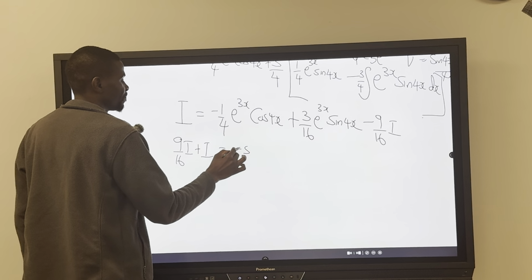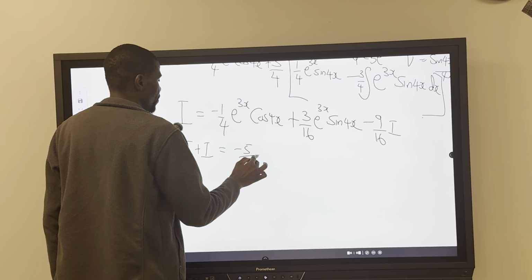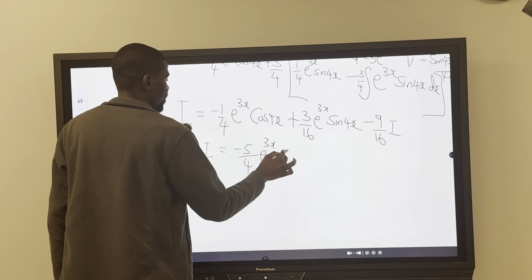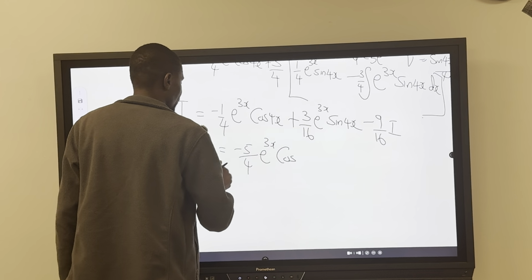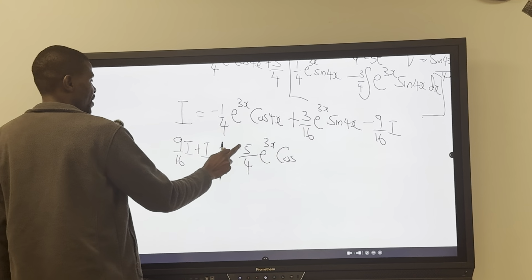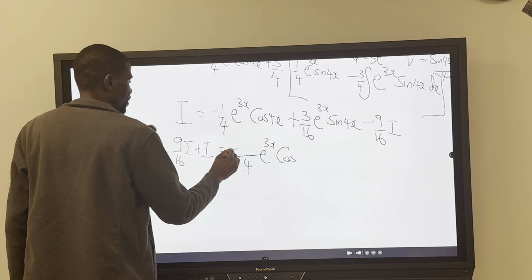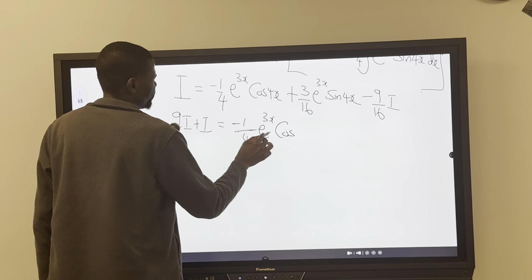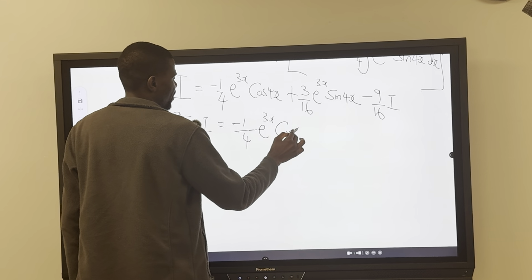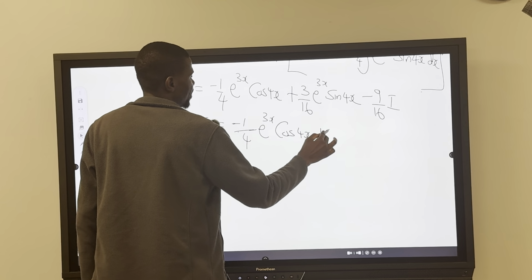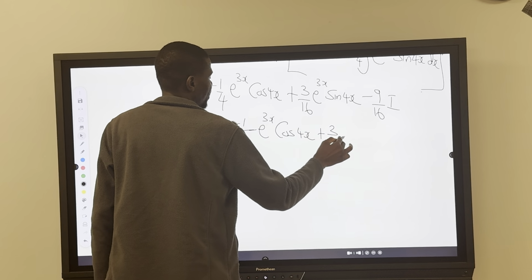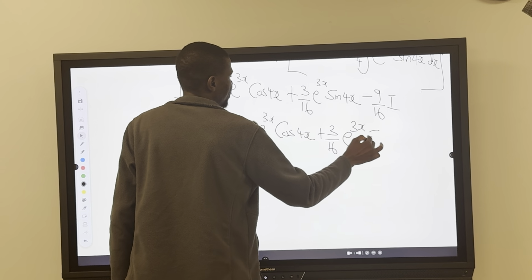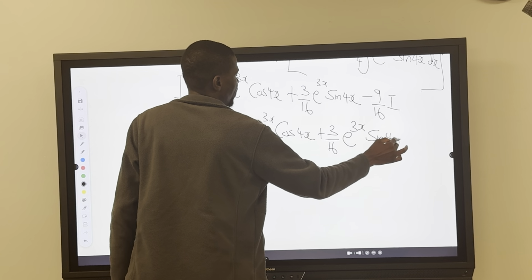Then I'll take the I to the other side, so it's now 9 over 16 I plus I equal to negative 1 over 4 cosine of 4x plus 3 over 16 e to the 3x sine 4x.